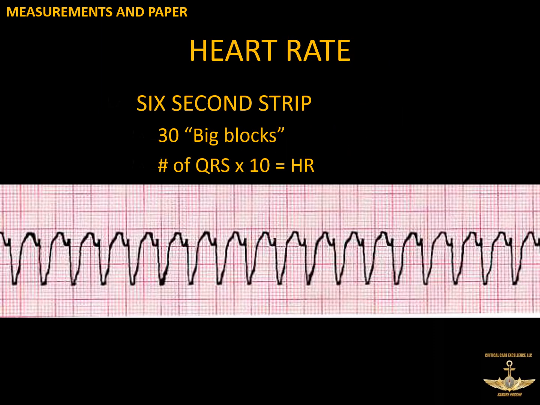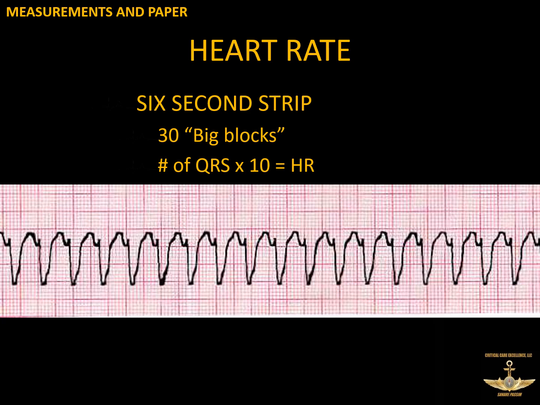The first thing, and probably the most important thing you'll do when it comes to the rhythm, is calculate the heart rate, how fast the rate is. Probably the easiest way to do this, and one of the ways you'll see mostly in testing, is using the 6-second strip. A 6-second strip of printed EKG, based on our standard paper speed, will come out to 30 big blocks, the big darker colored blocks on the paper.